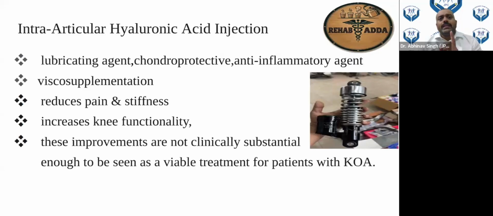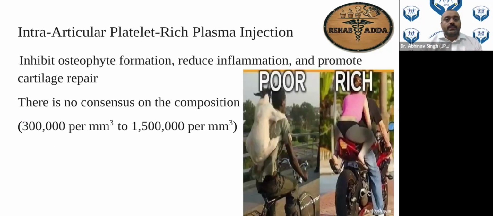And not only the intra-articular hyaluronic acid injection, all the minimally invasive interventions that we are doing are not a viable treatment for patients. Not only this, everything, and you will come to know about it in other slides.